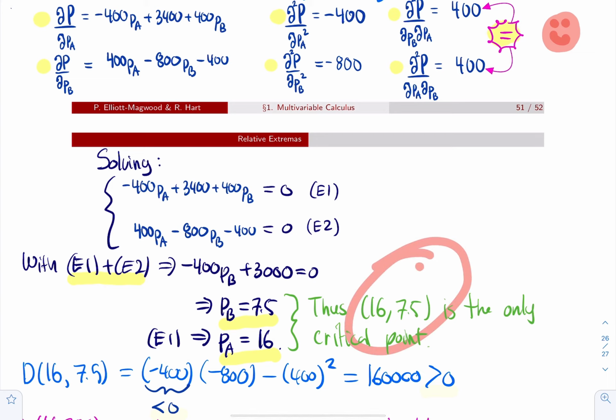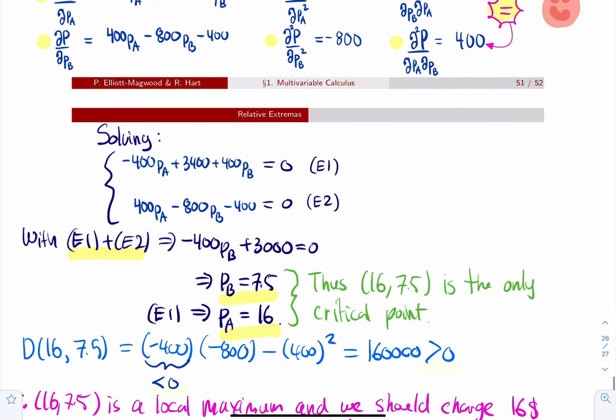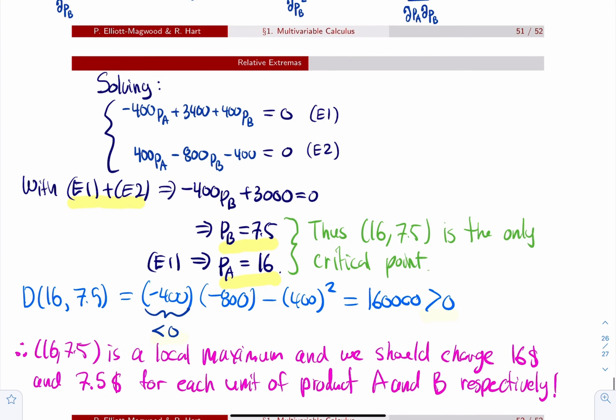So now we have to compute the D number to decide if it's a saddle point, a min, or a max. Hopefully it's going to be a max because we have only one of them. Typically in a question asking you to find a maximum or a minimum, if you find only one critical point, normally that's the one, but you still have to justify that indeed this is a maximum.